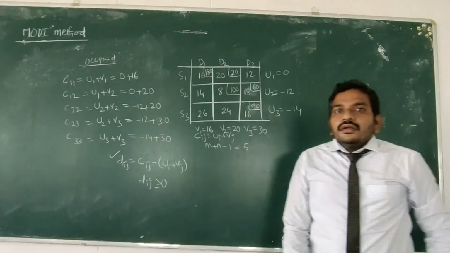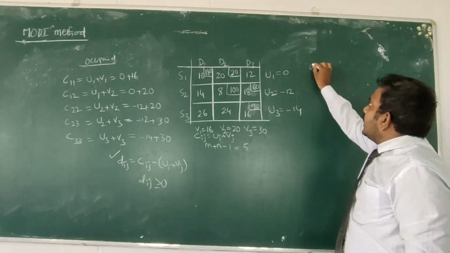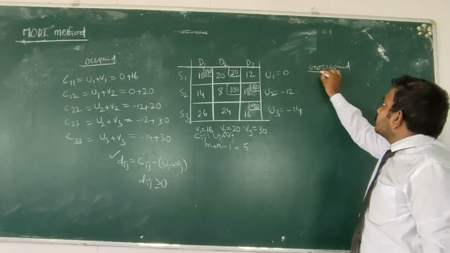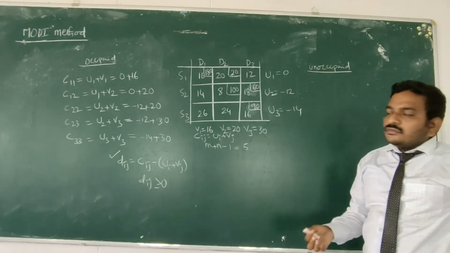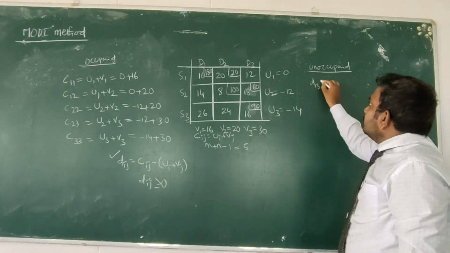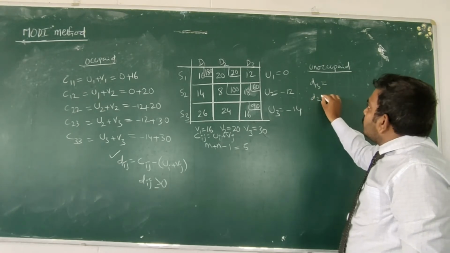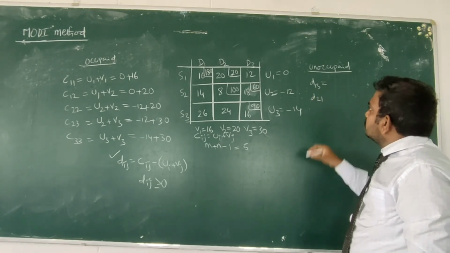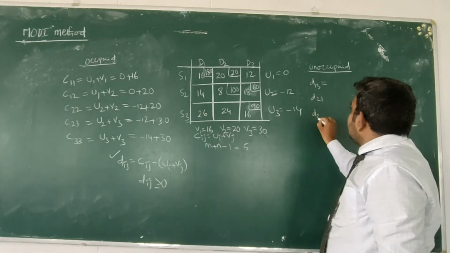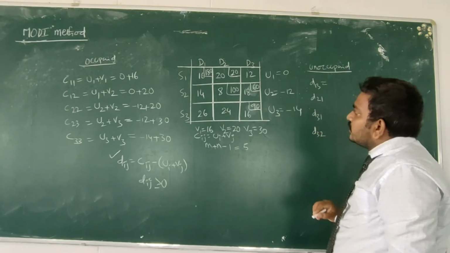Now the occupied cells are over. Then move on to unoccupied cells. Firstly, note them: that is D13, next D21, and next D31, D32.